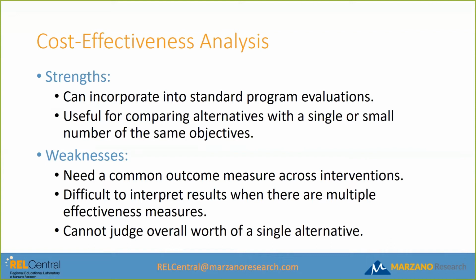It can be difficult to interpret results if there are multiple measures. So for instance, say in the last example, we weren't just looking at an overall reading score, but we were looking at how each of the programs may have impacted the speed at which students read, their comprehension of what they're reading, and their vocabulary development.